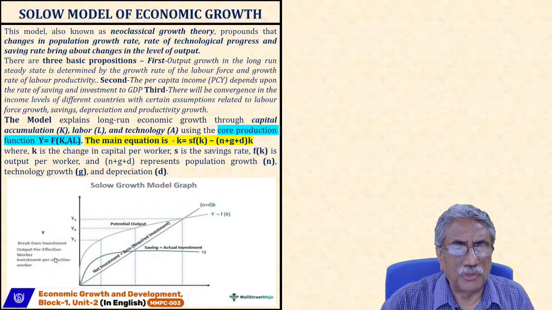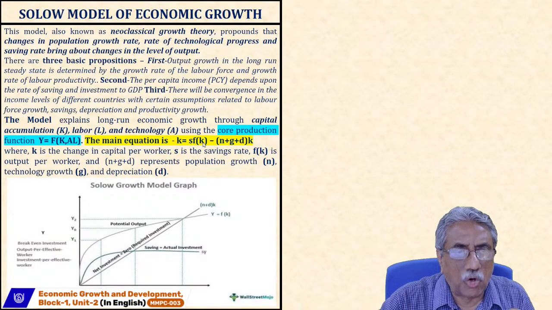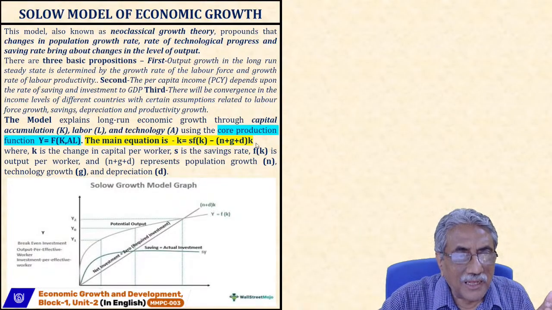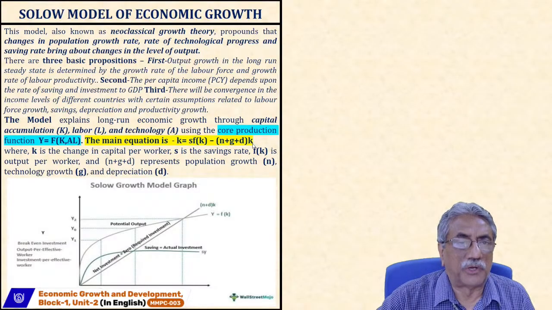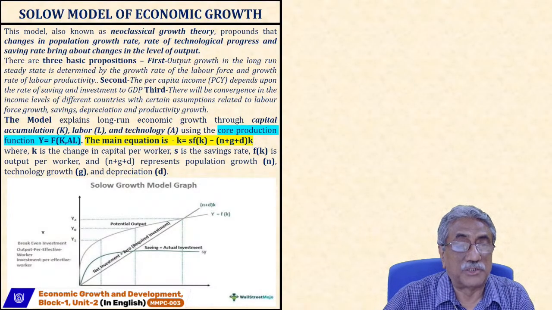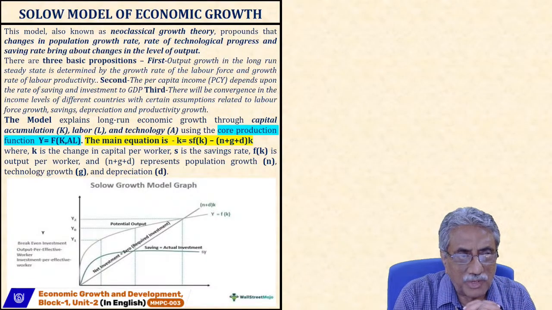Is it clear? So output will depend on the savings rate and output per worker, minus the depreciation, and whatever is needed for population growth and technology growth, and the capital required per capital that will go up in investment. So the balance will remain as output. Okay.